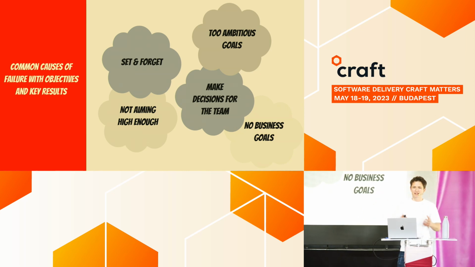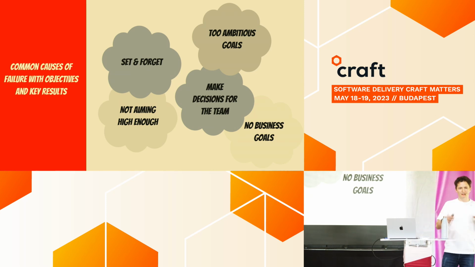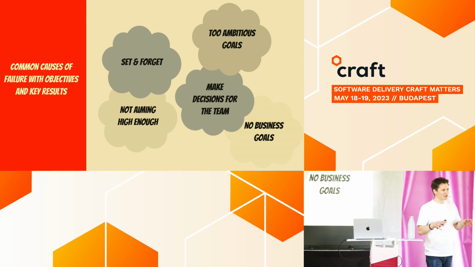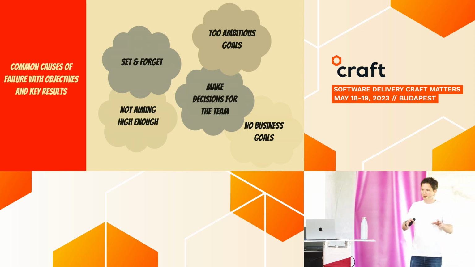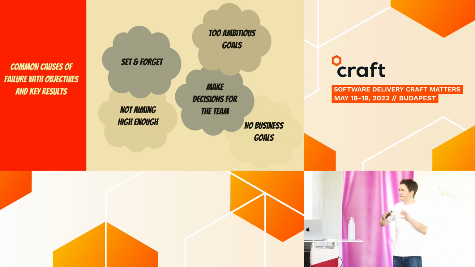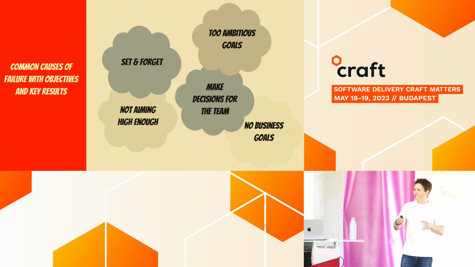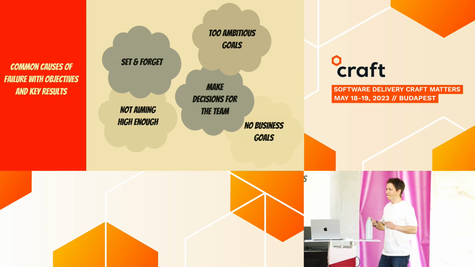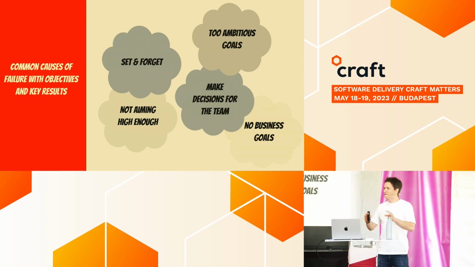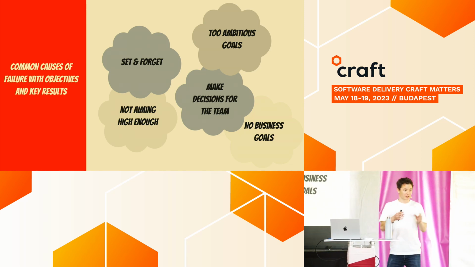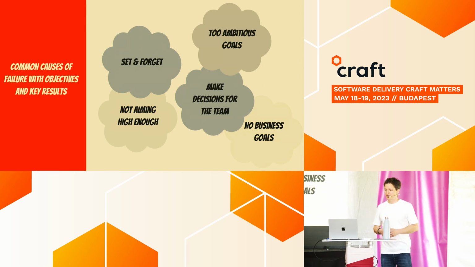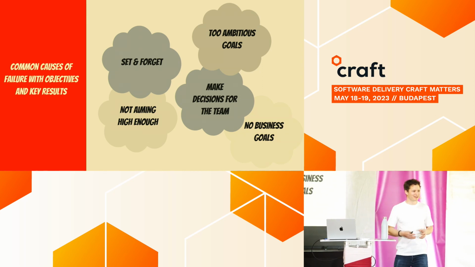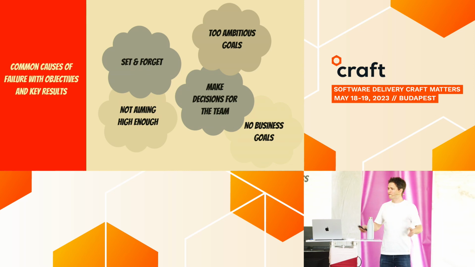Now when we're organizing around all of this, and we want to find our objectives and key results, we obviously want to do this with people that understand our landscape, our systems, and the things that we're trying to achieve. Now the problem with that is that when we're doing it with people that know their way around the business, they will have a lot of ideas on how to implement things, whether it's on the business side or on the technology side. And as a consequence of that, those people might start to make decisions for the team.